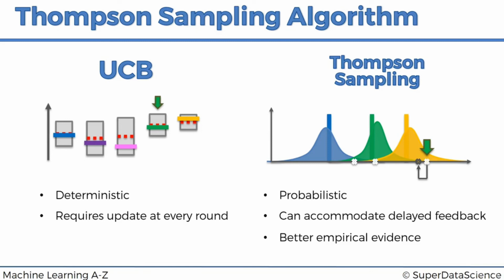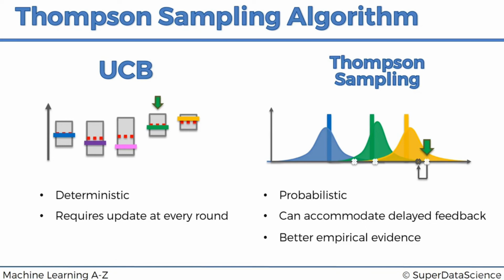It's only been researched in a lot of detail just a few years ago, and now you can find a lot of information on the Thompson sampling algorithm. But previously, people just saw from experimental evidence that the Thompson sampling algorithm does work better than the UCB, and that's exactly what we're going to see. Spoiler alert, that's exactly what we're going to see in the practical tutorials for this section.